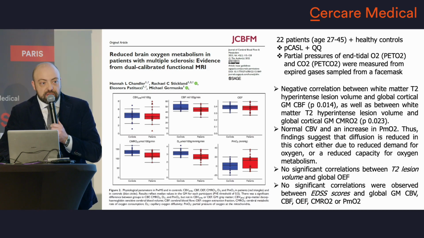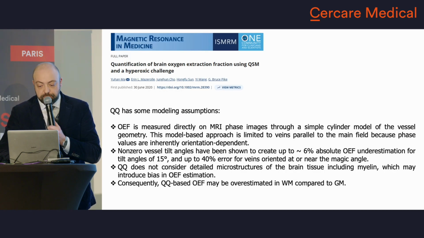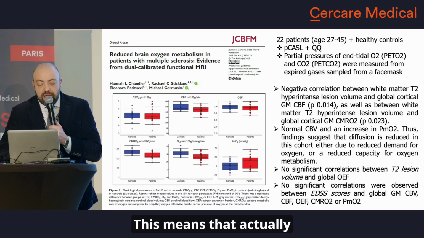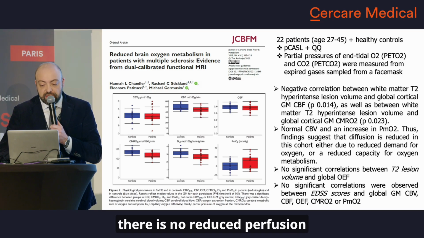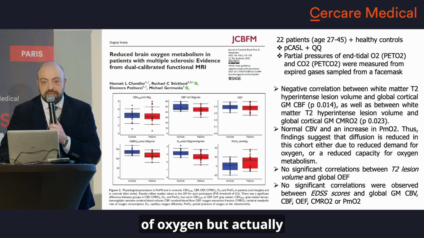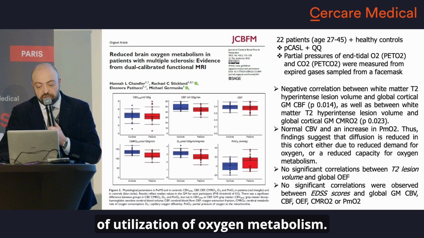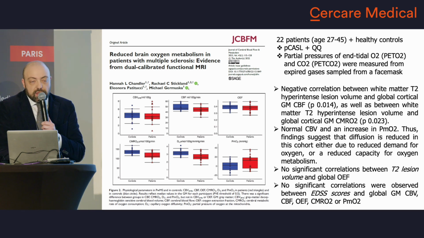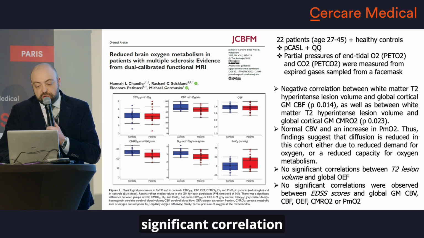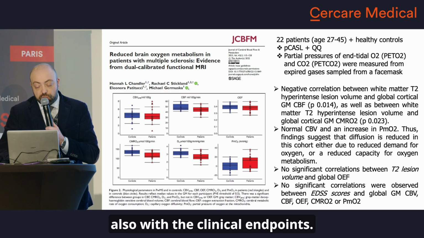But at the same time, they show a normal CBV. This means that there is actually no reduced perfusion of oxygen, but maybe a reduced capacity of utilization of oxygen metabolism. Moreover, there was no significant correlation with the lesion volume and also with the clinical endpoints.